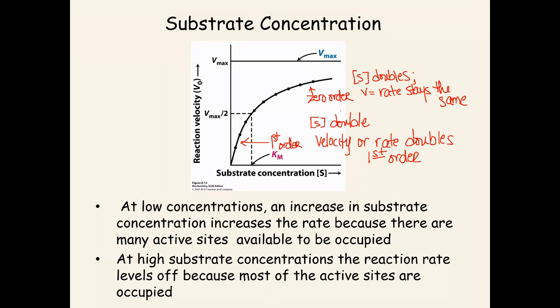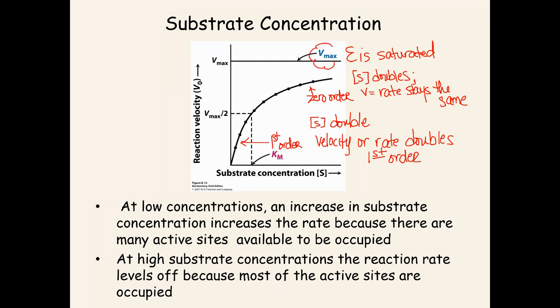This is one of the more famous graphs in biochemistry, and what it's telling us is that at some point, the enzyme gets saturated. We can keep adding more and more substrate, but the enzyme will not be able to catalyze the reaction faster. Eventually it'll hit a Vmax.